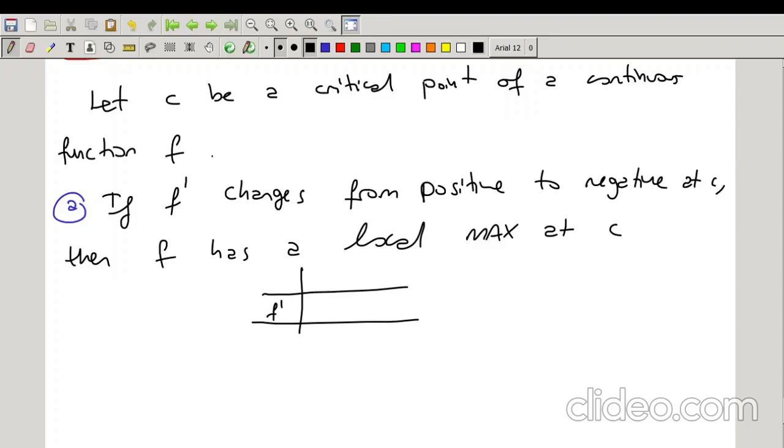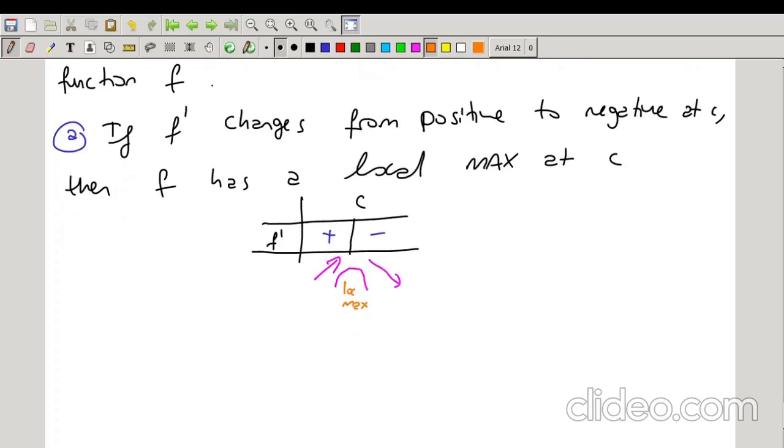This is f prime, this is the point c. Here it says from plus to negative. In other words, if you draw the following arrows, this is increasing, decreasing, so you will have a function of this form. You see that we have a maximum at that point. So in other words, here we have local max. It is not difficult to understand if you sketch in this way. It has the following behavior in it.